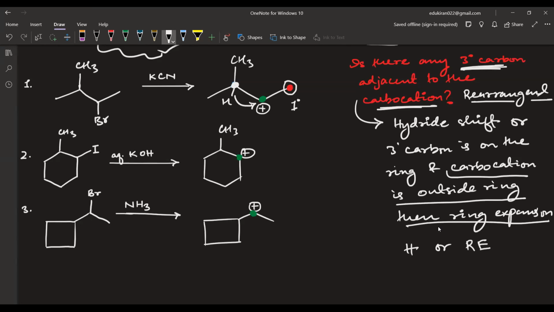Otherwise, hydride shift will happen. H or Re, what will happen?